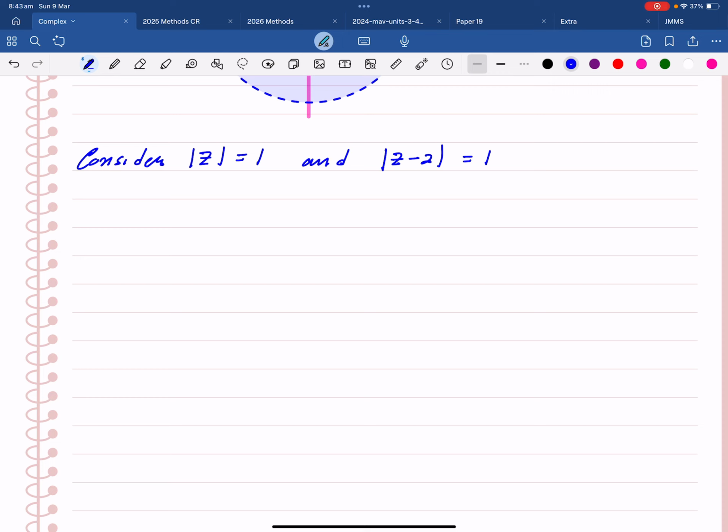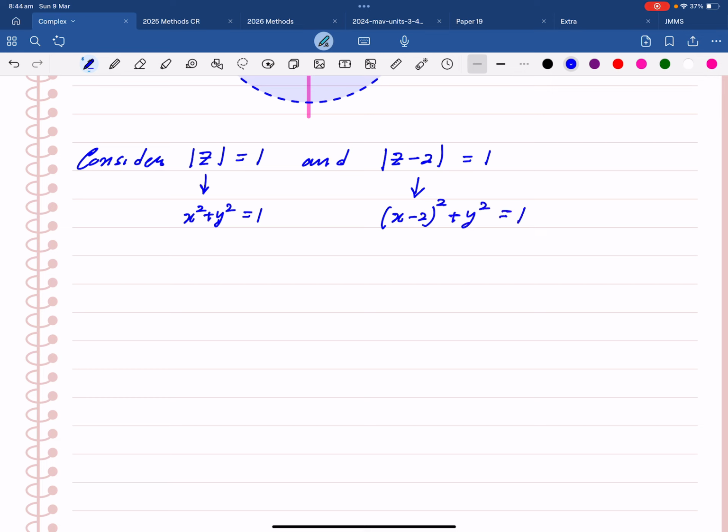Now, if you really understood this one, this is going to be x² + y² = 1. If you really understood this guy, this is going to be (x − 2)² + y² = 1.